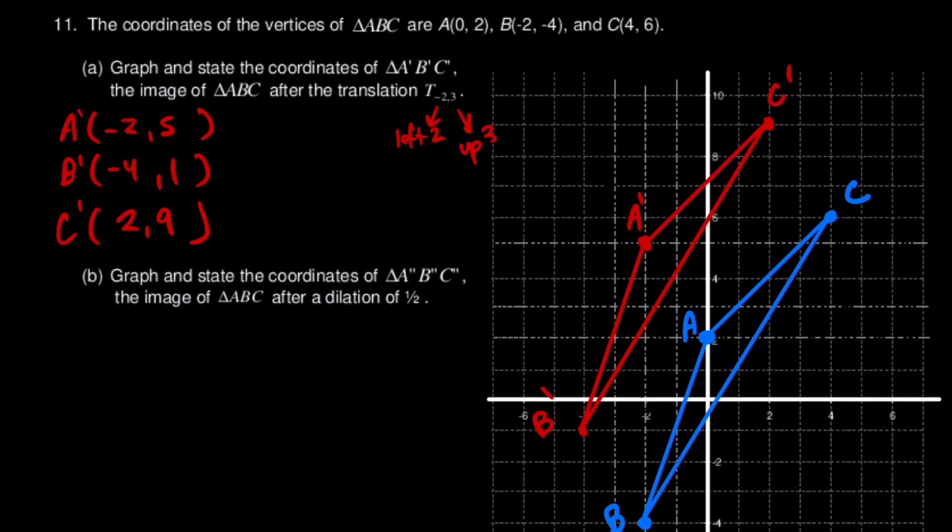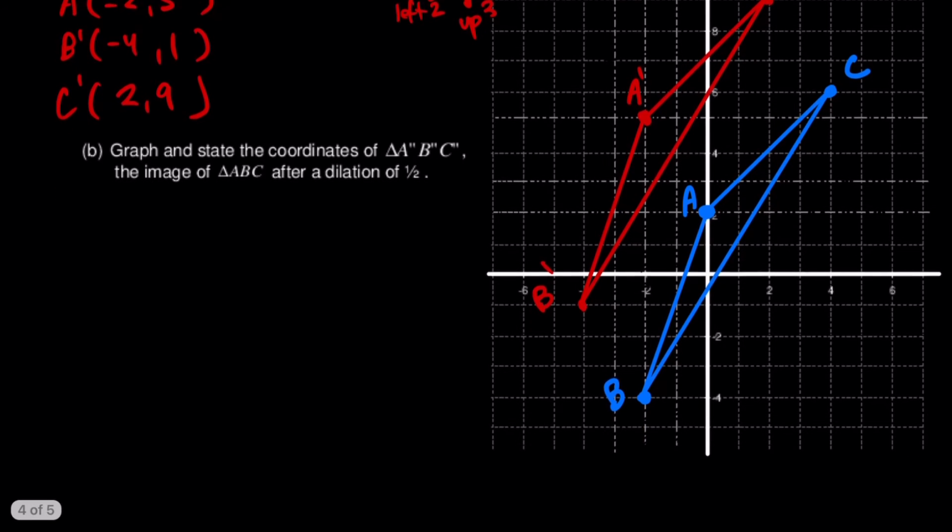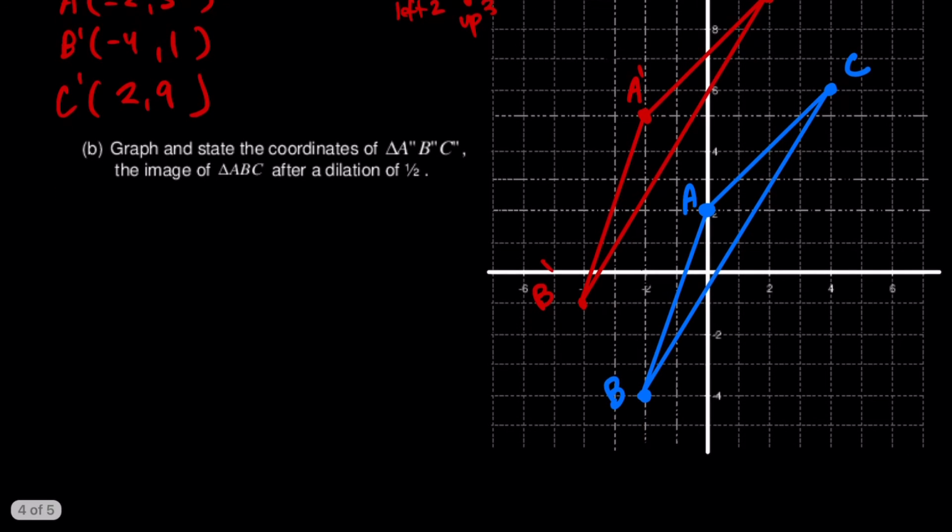Okay, the last one, it says graph and state the coordinates of triangle A double prime, B double prime, C double prime, the image of, now it's important, ABC. So we're going back to the original. We're using this one. And after a dilation of 1/2. So the way this is going to work is we have to apply our rule for dilations.